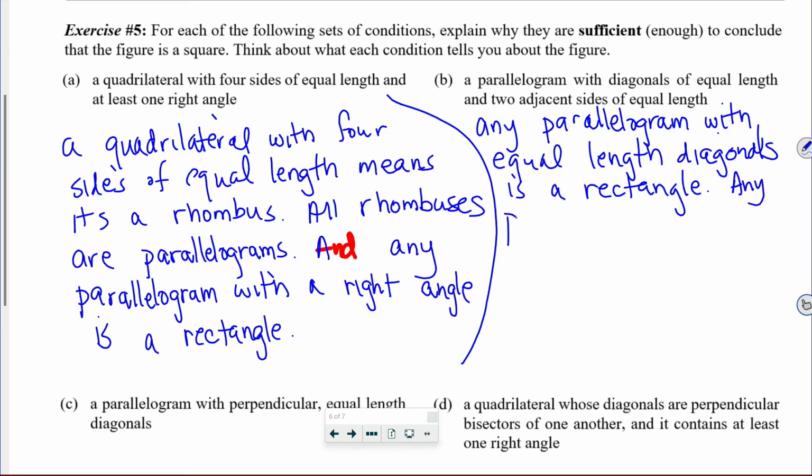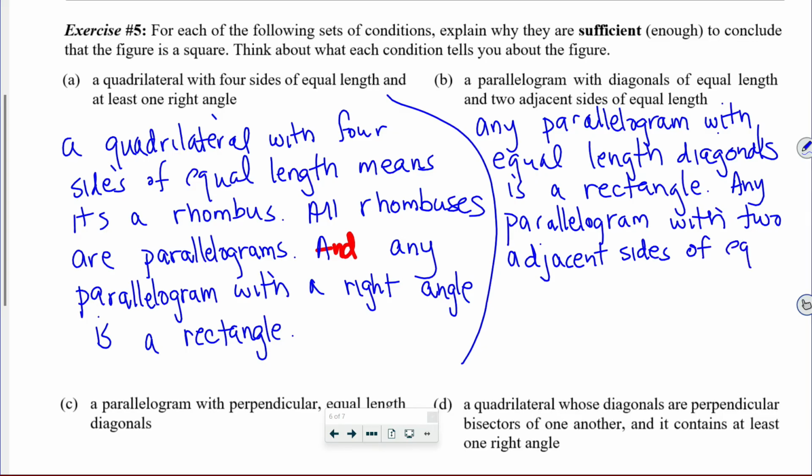Any parallelogram with two adjacent sides of equal length is a rhombus. And again, you looked at that on the homework, right?